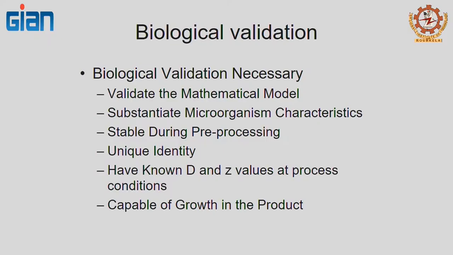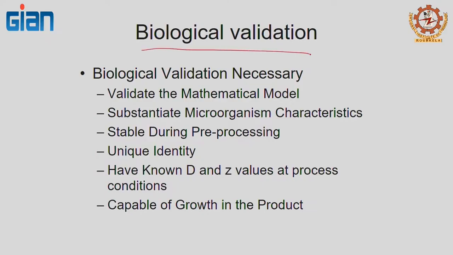The mathematical model helps the processor see what-if scenarios. So, what if I had 5 gallons per minute, how do I process my samples? What if I increase the temperature from maybe 230 Celsius to 240 Celsius, how do my product characteristics look? There are a lot of those what-if scenarios, whereas when you are submitting to the FDA for filing to show you have a safe product, they expect biological validation.